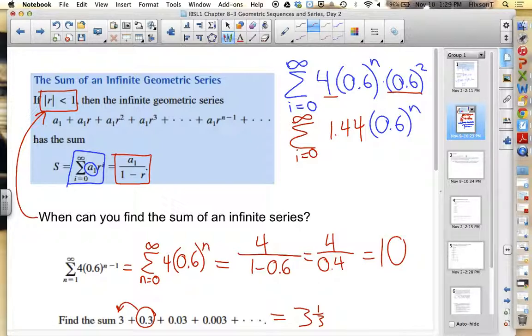This one was i equals 2. If you plugged in 1, 4 times 0.6 would have been 2.4. Okay.